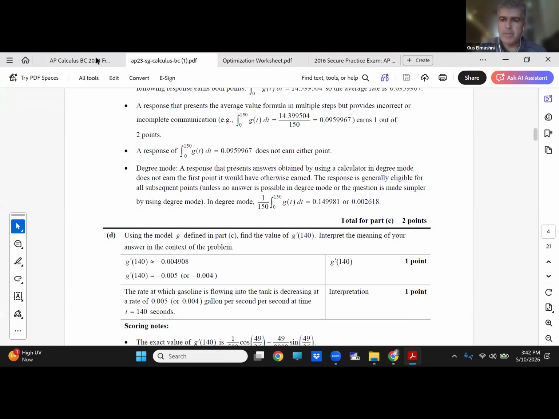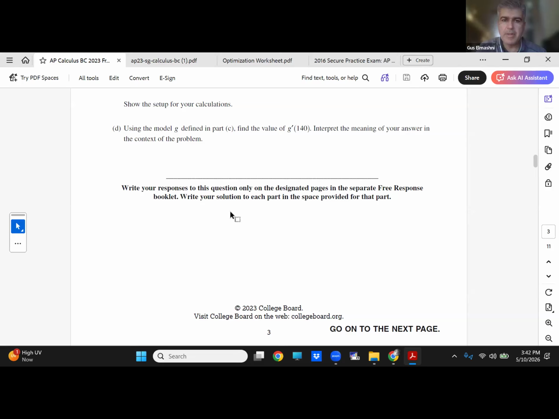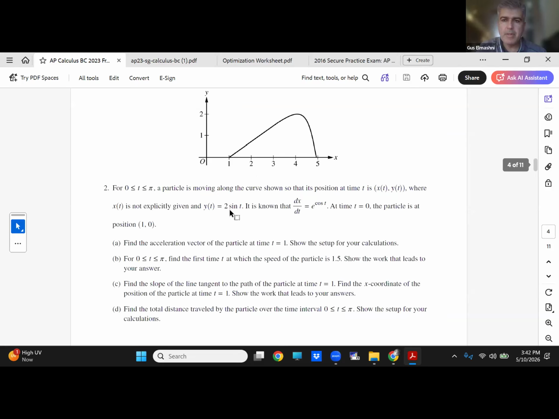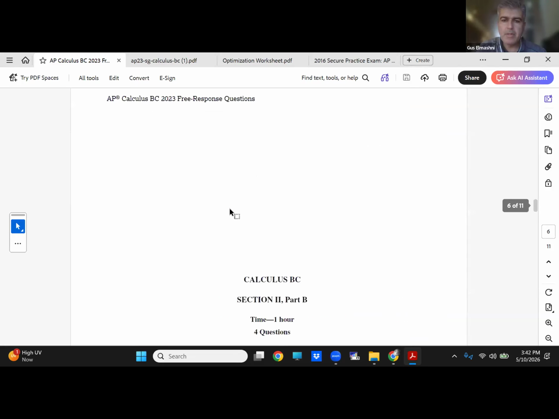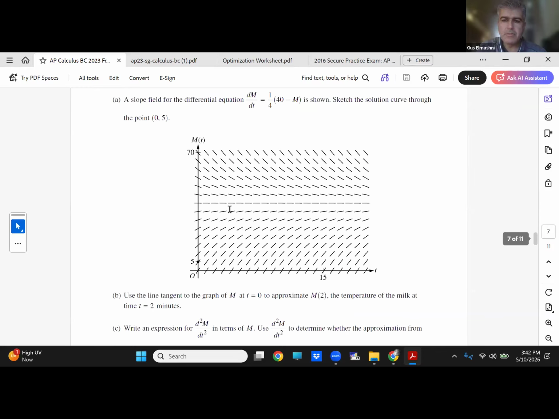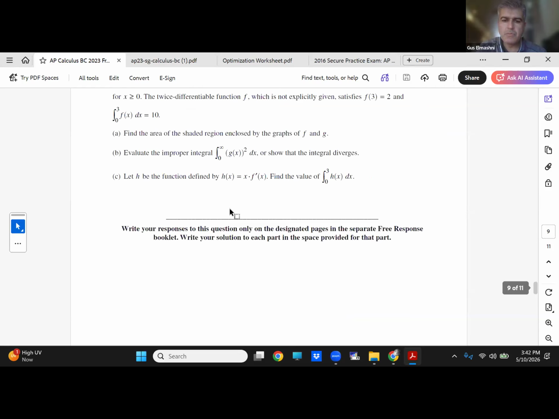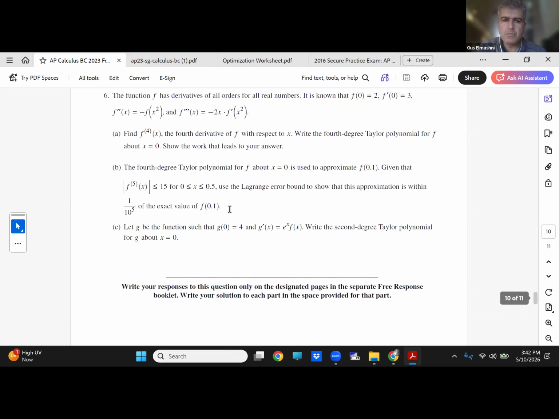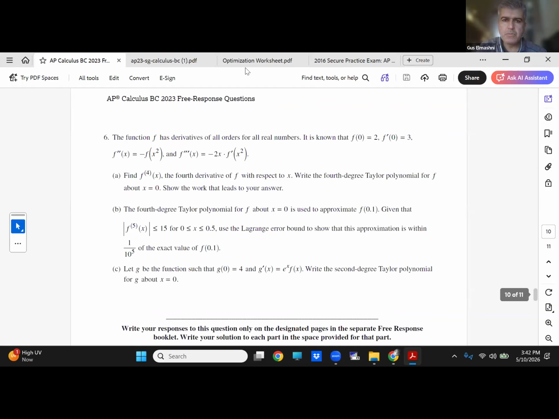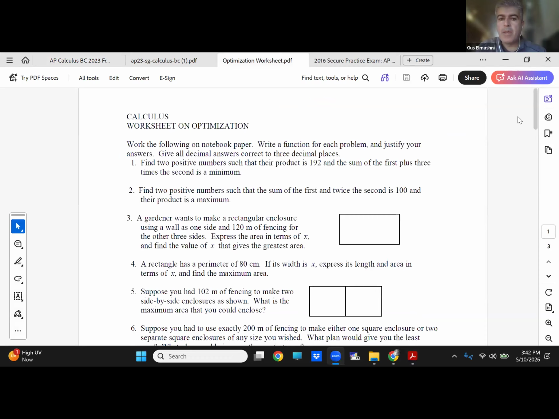Okay, well anyway, it won't let me close that window. It's fine.